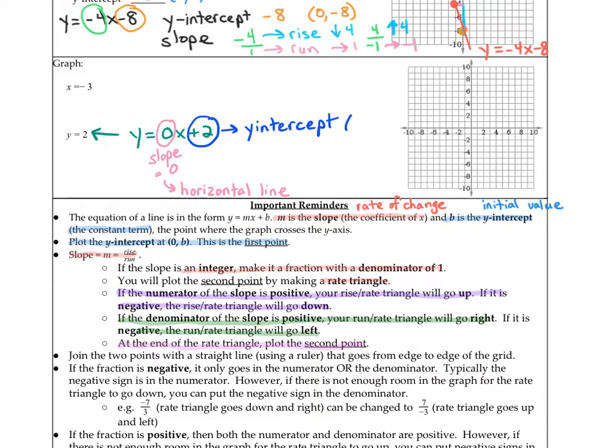So your y-intercept is at 0, 2, which is here. And the slope is 0, which means the line is horizontal. So when you graph this line, it's just a horizontal line with a y-intercept of 2.